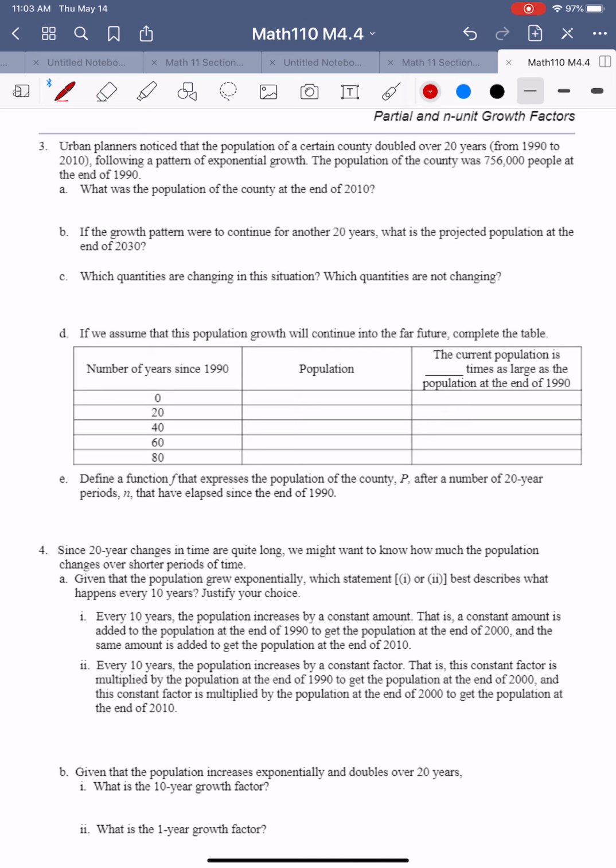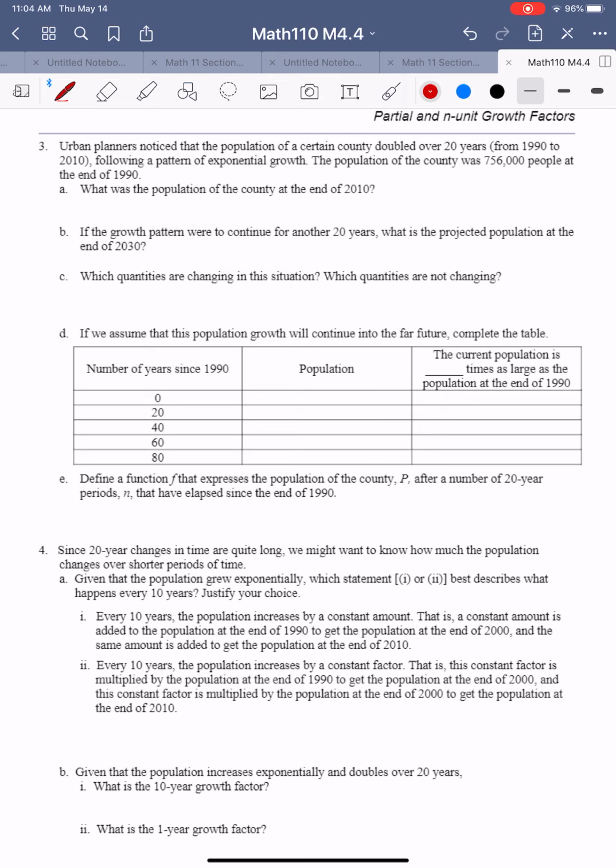So now number 3. An urban planner noticed that the population of a certain county doubles over 20 years from 1990 to 2010. Following a pattern of exponential growth, the population of the county was 756,000 people at the end of 1990. What was the population of the county at the end of 2010?